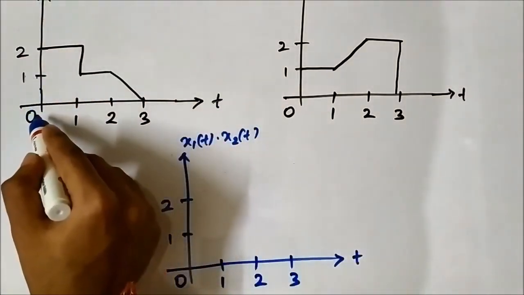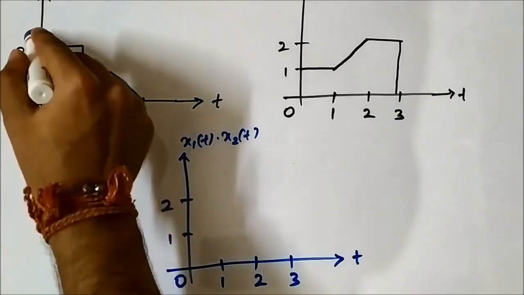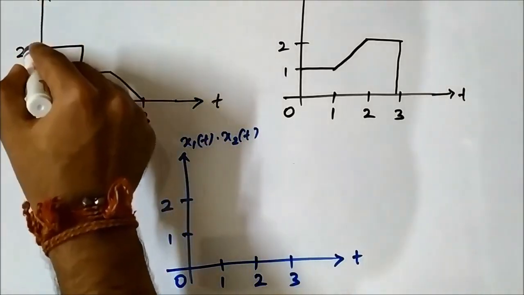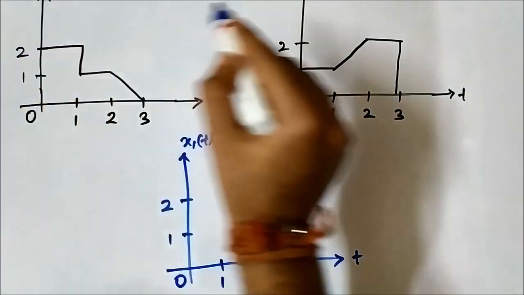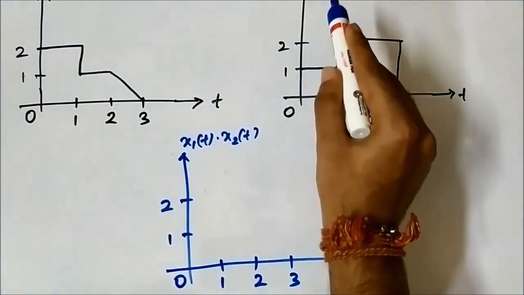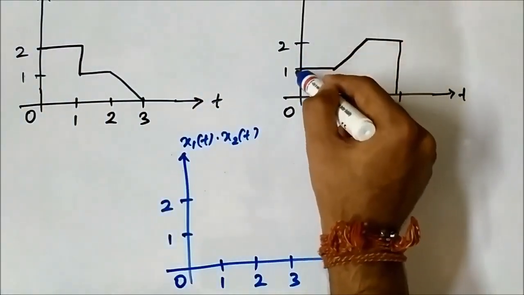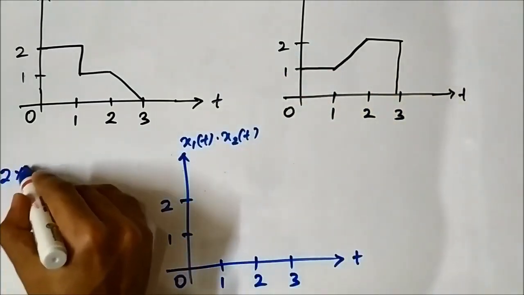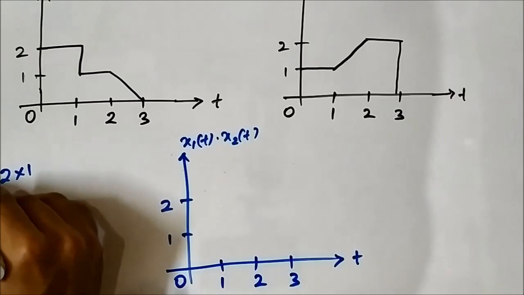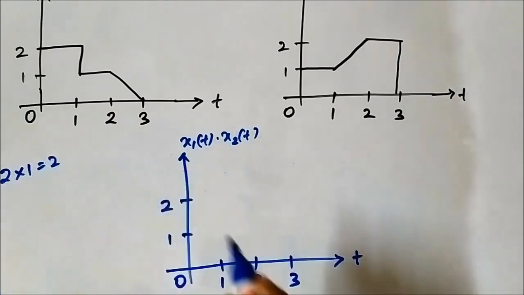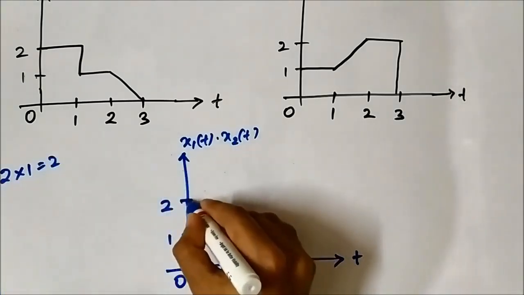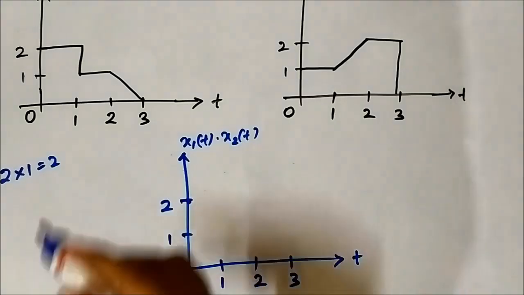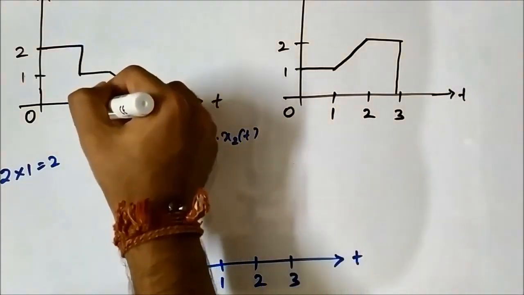At t equals 0, the amplitude value of x1(t) is 2, and at t equals 0, the amplitude value of x2(t) is 1. So 2 into 1 at t equals 0 is equal to 2. So 2 at t equals 1.